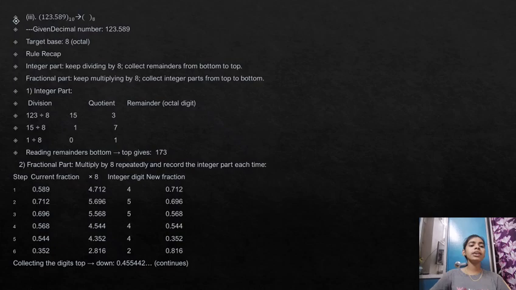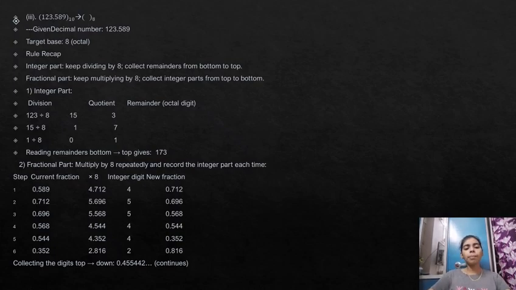For the integer part, there is the divisor, coefficient and remainder in the form of octal digits. In the example, 123 divided by 8, the coefficient is 15 and the remainder is 3. 15 divided by 8, coefficient is 1 and the remainder is 7. 1 divided by 8, coefficient is 0 and the remainder is 1. Reading the remainders from bottom to top gives the answer 173.